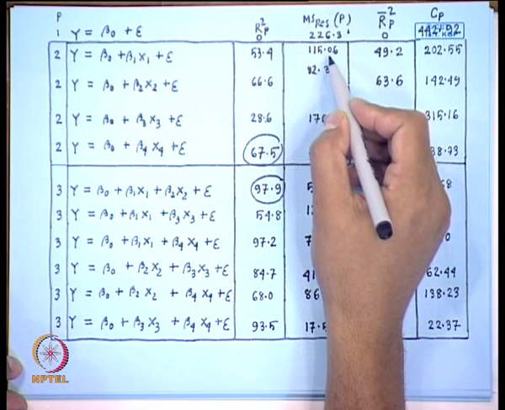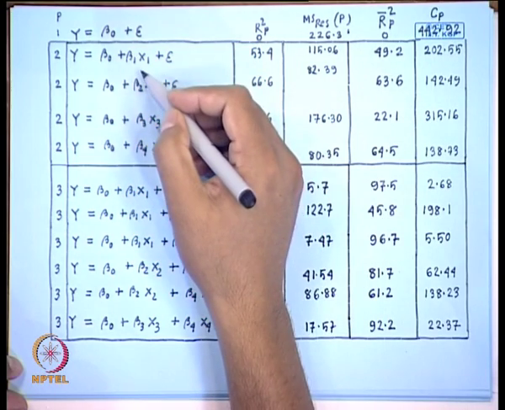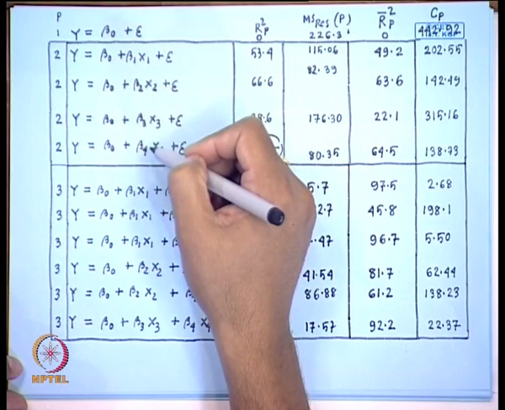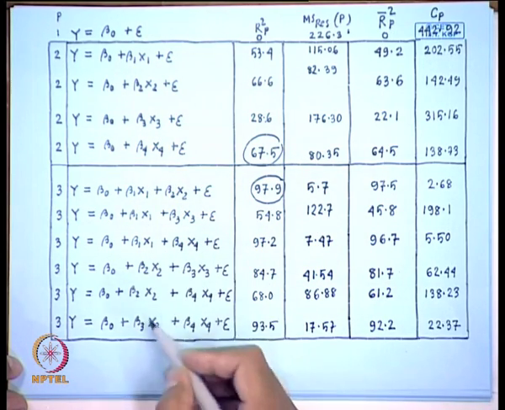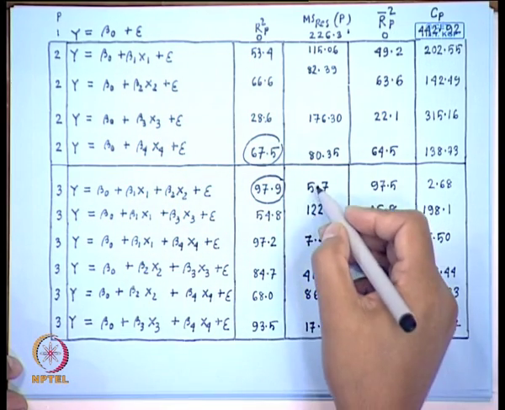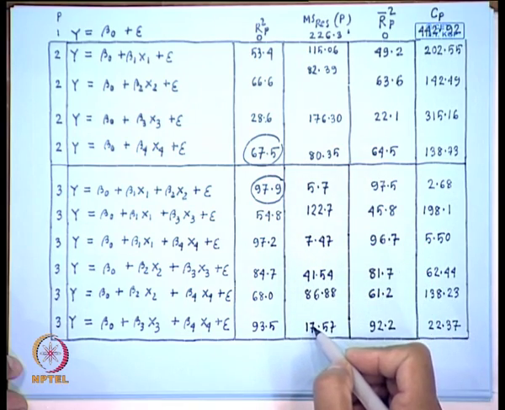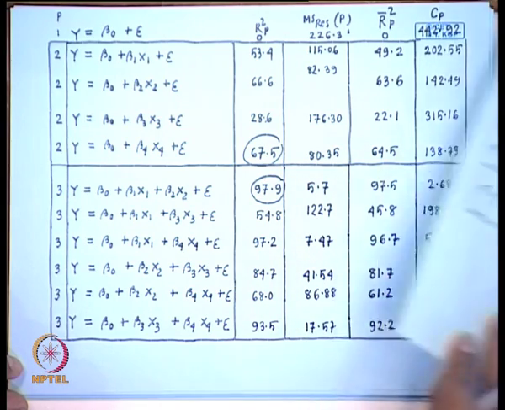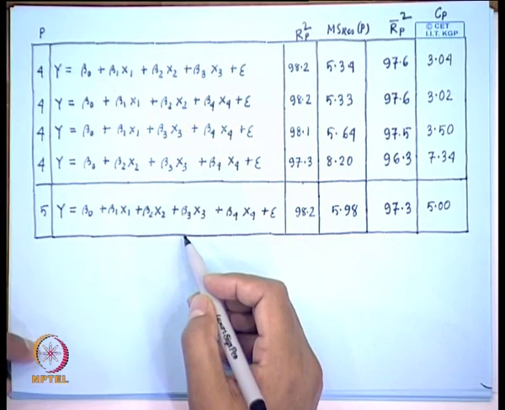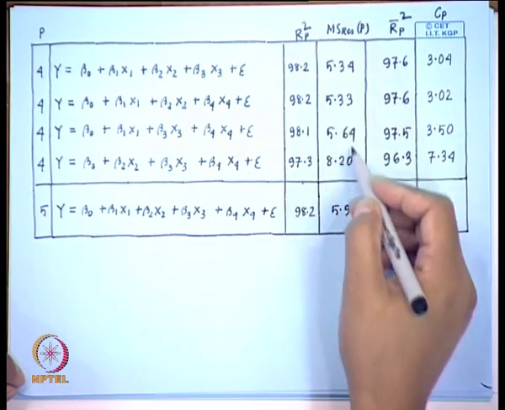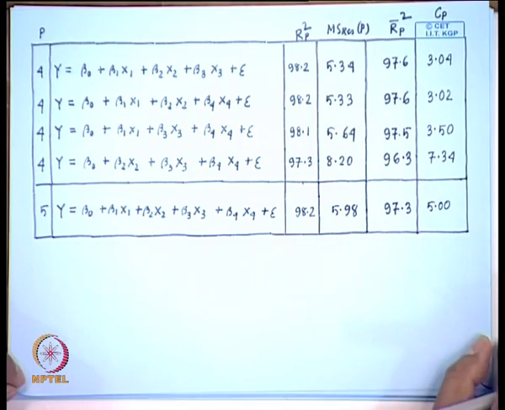So, this way you compute the MS residual value for all the models involving one regressor, for all the models involving two regressor variables, and similarly for the other models also you compute the MS residual value.